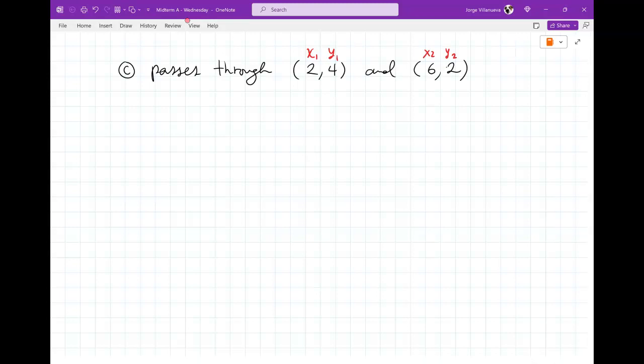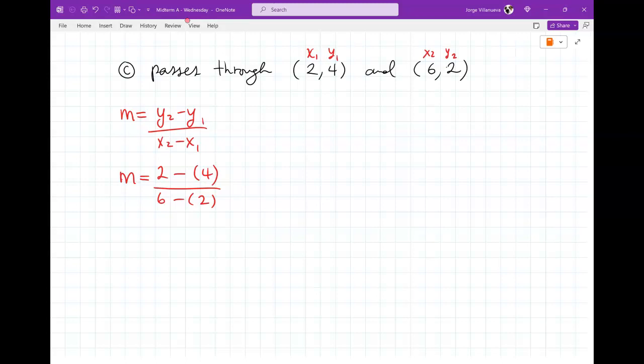Okay, slope formula: y2 minus y1 over x2 minus x1. So y2 is 2 minus y1 is 4, over x2 is 6 minus x1, that's 2. Remember, I like putting parentheses on the second number just in case there were negatives there, that way I can remember to multiply them out.